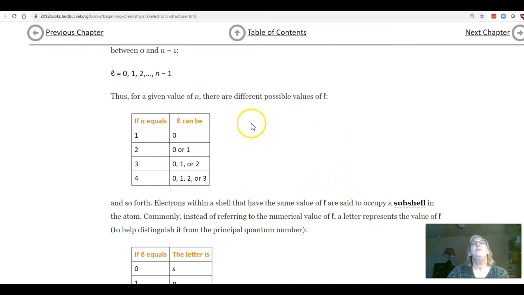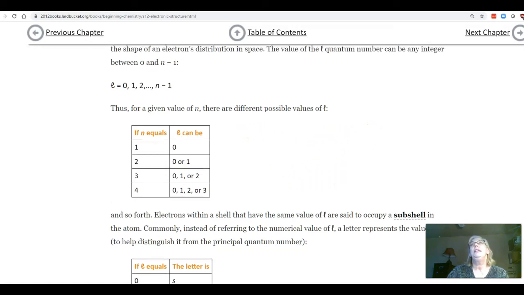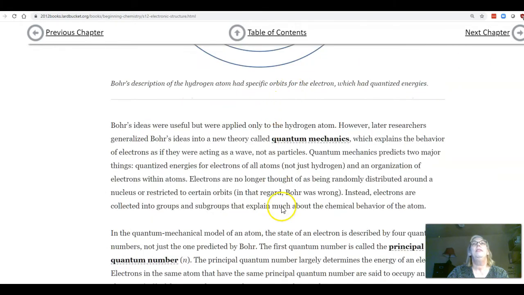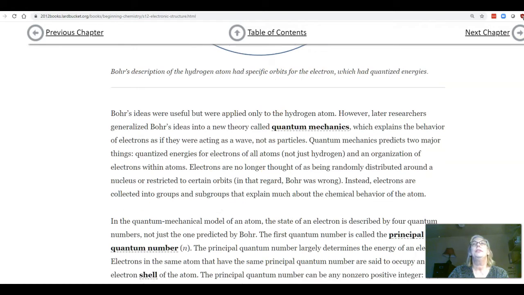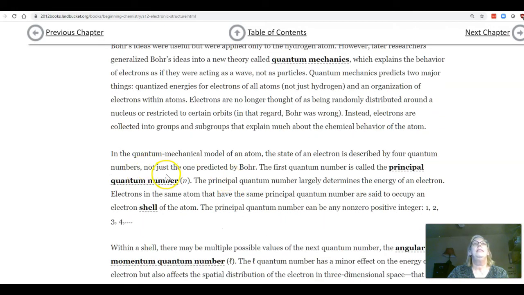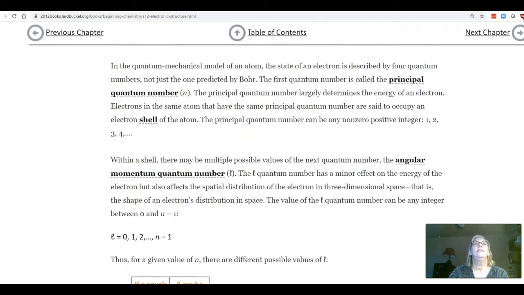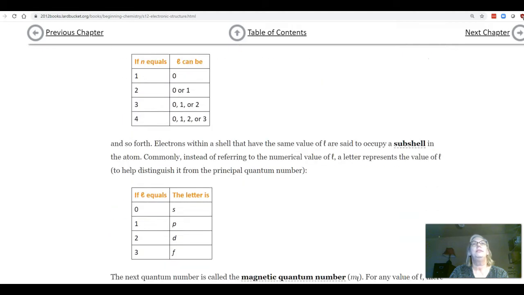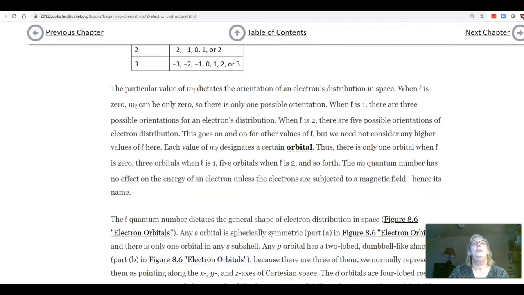You'll need to know what these quantum numbers are, so please read this section really, really carefully from here on, because we're going to be using these quantum numbers a lot. So make sure you understand this part right here, and then practice it with the practice problems they have.